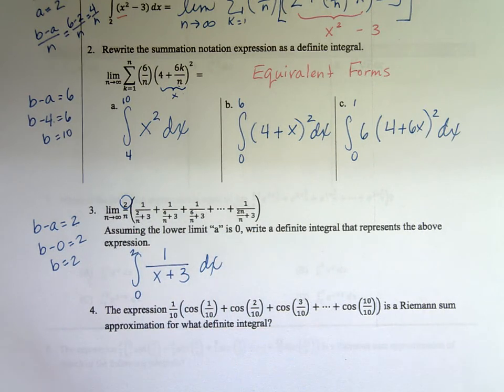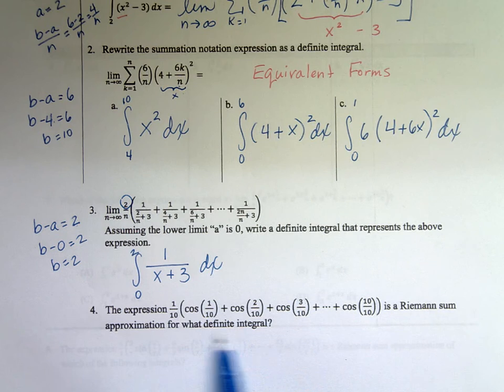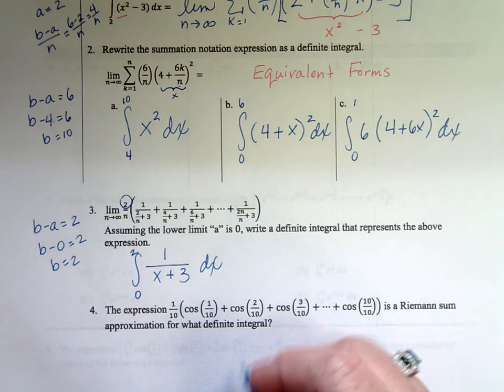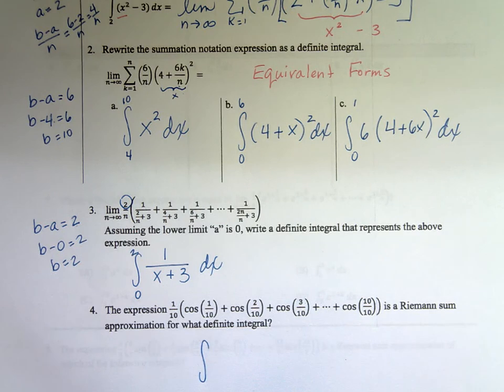So here's another one, number 4. The expression 1 over 10 cosine of 1 over 10, 1 over 10 cosine of 2 over 10, and you're adding them all up, is a Riemann sum approximation for what definite integral? And so I'm looking at this. I want to set it up as an integral. This one goes, if I think of the expression 1 over 10, the bounds for this one go, because these are positives, it goes from 0 to 1.